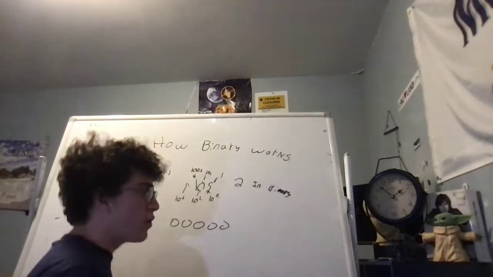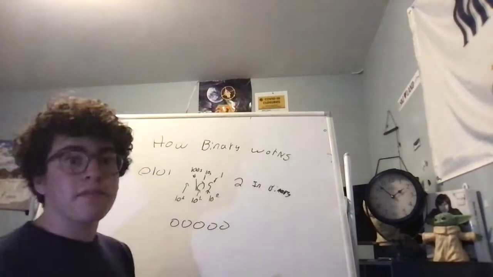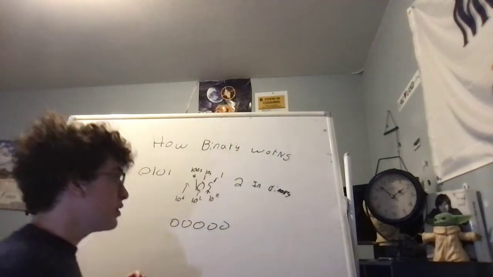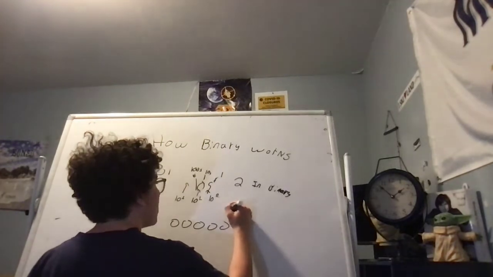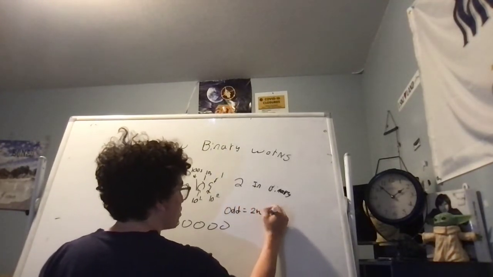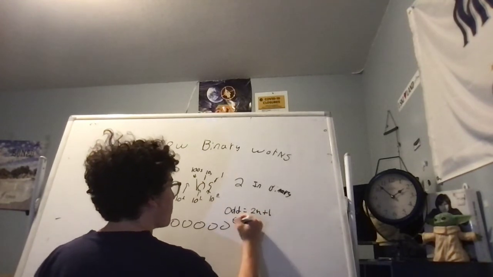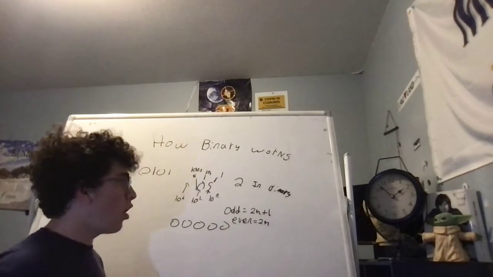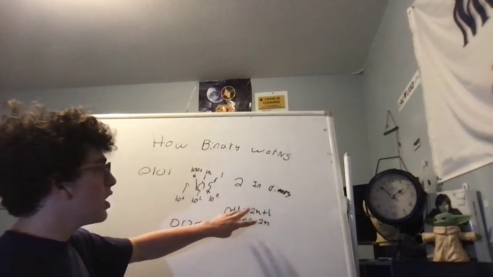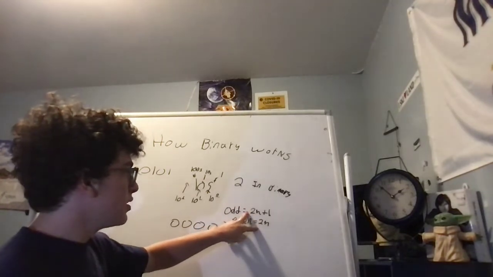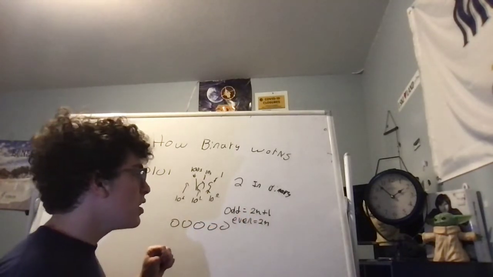And so what you need to think about now is odd and even numbers. We know that an odd number is written mathematically as 2n plus 1, and an even number is written as 2n. So our most obvious choice would be to use a base 2 system, because that can account for every number.